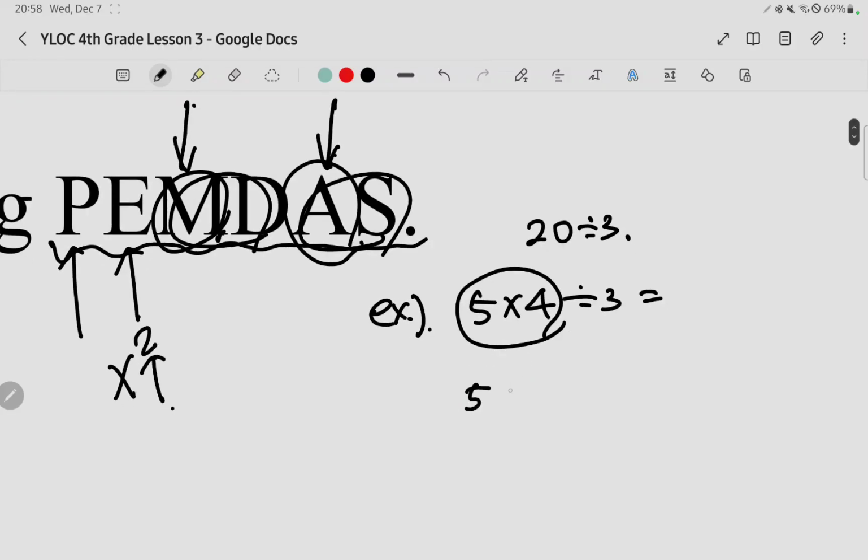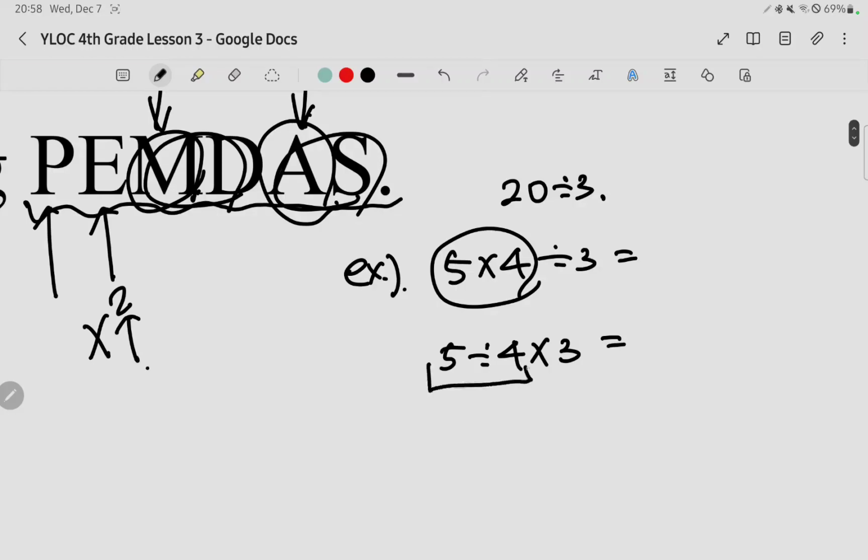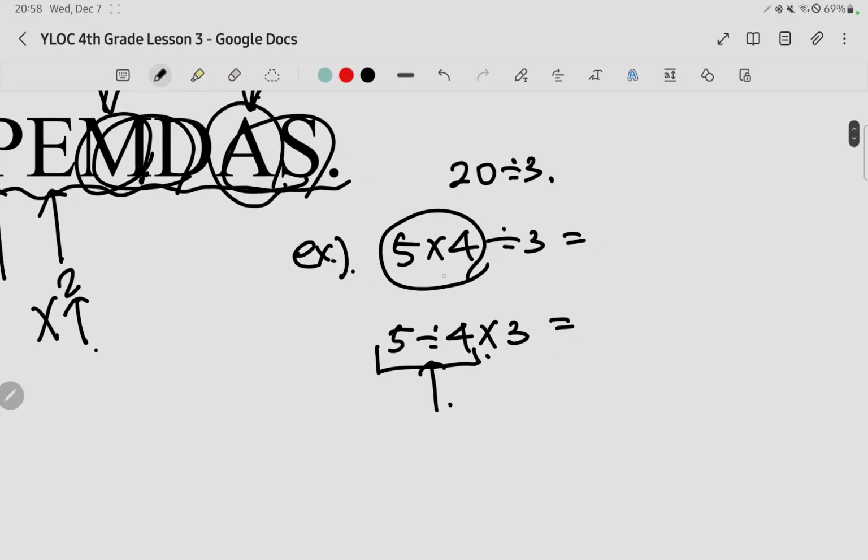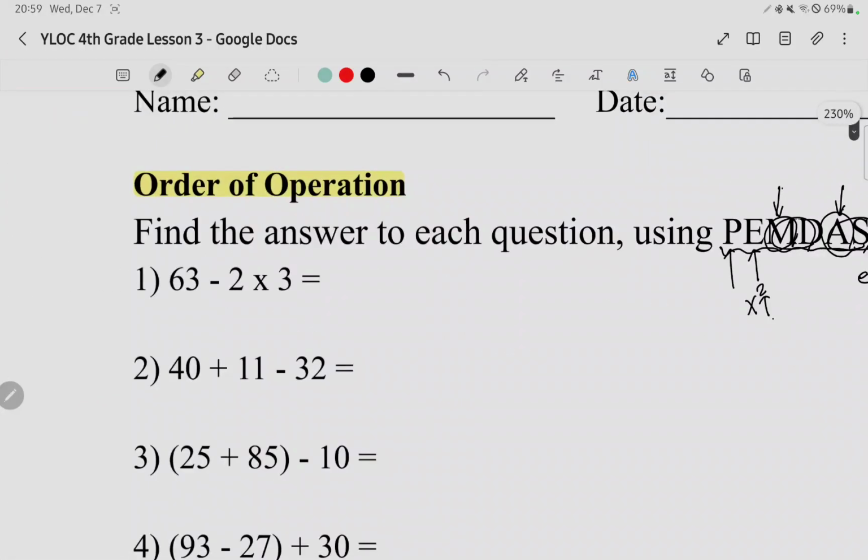But if you have 5 divided by 4 times 3, you have to divide first because division comes first. Same with addition and subtraction: whichever comes first, you do first.